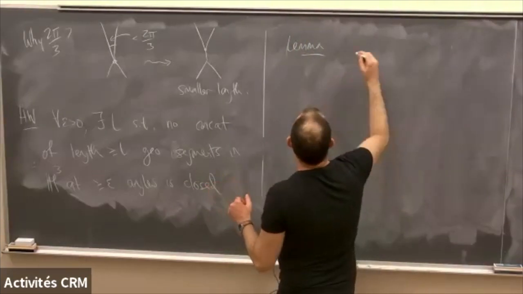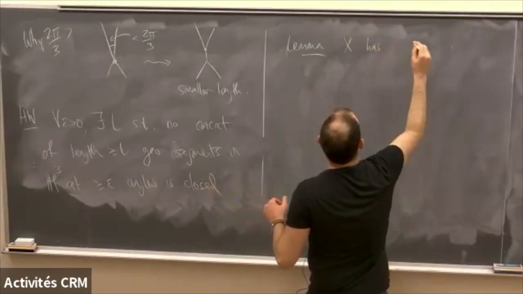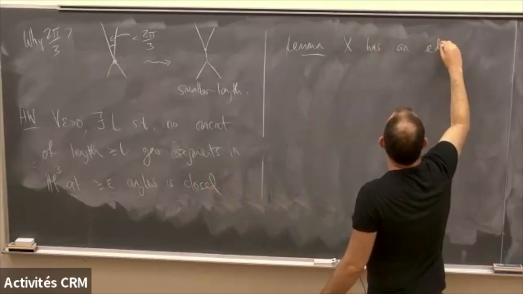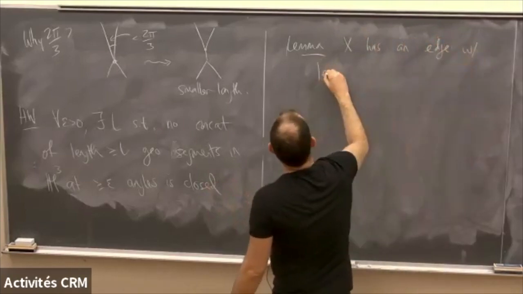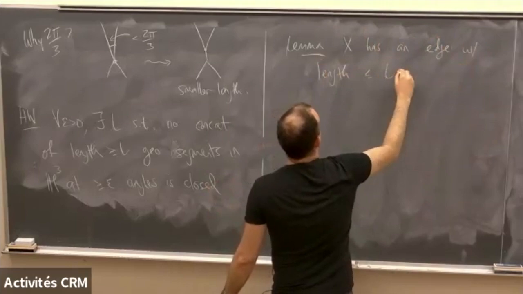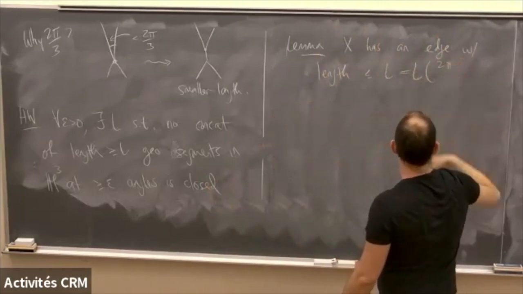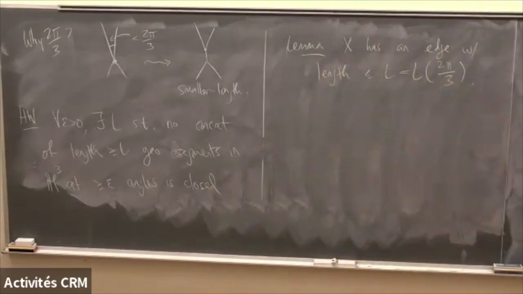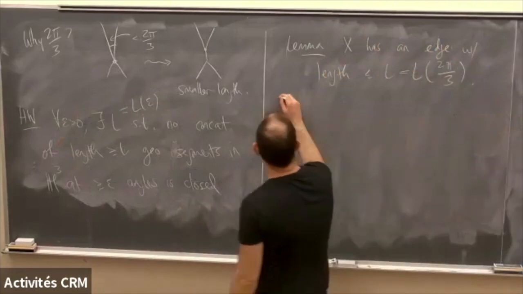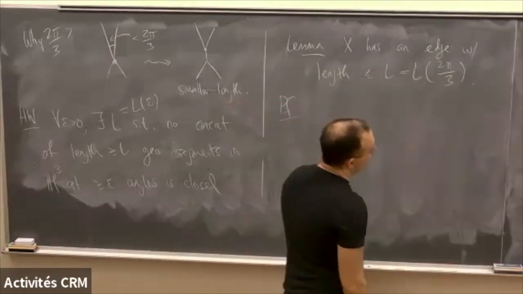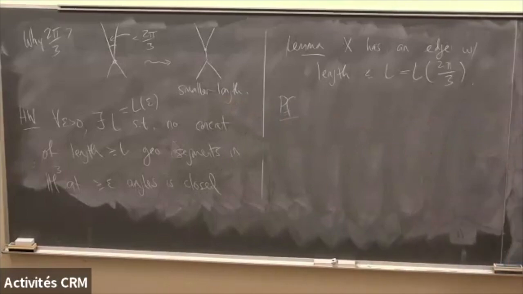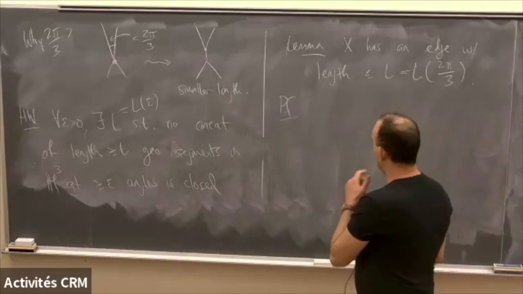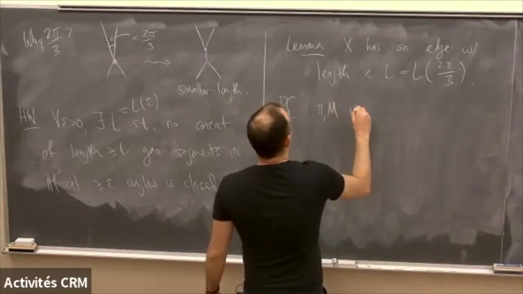I claim that X has an edge with length less than or equal to L, which is L of 2 pi over 3 for this lemma. All right, so how do we prove that? The observation you have to make is that first, the fundamental group of M is not a free group. So pi1 of M isn't free.